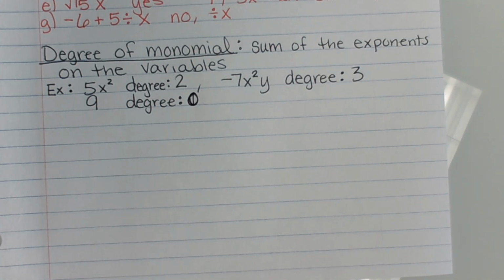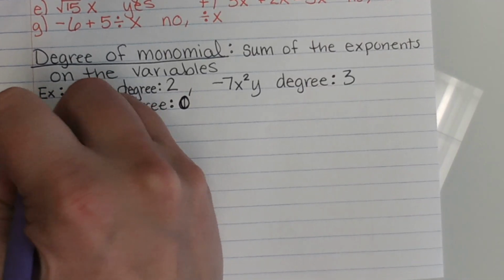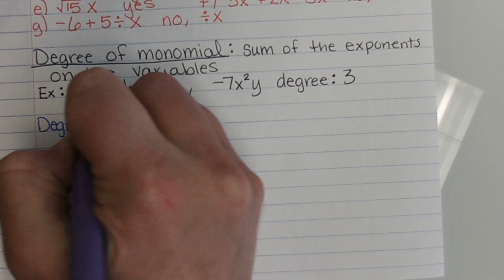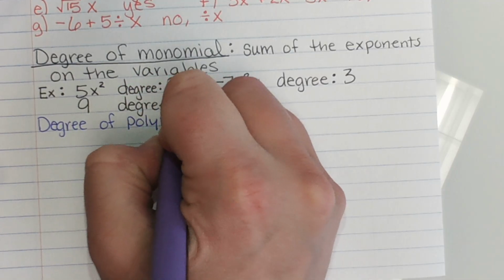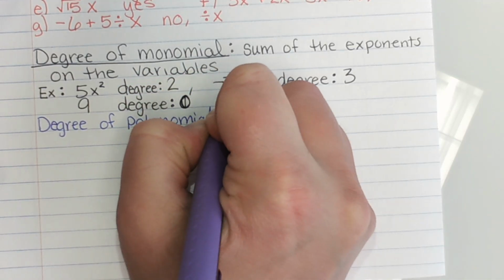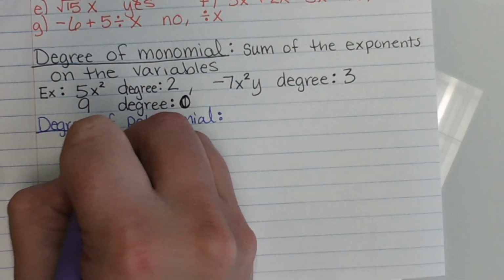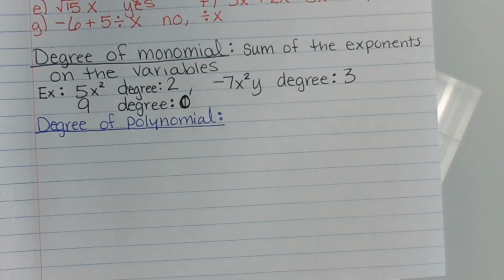Now, that's the degree if it's a single monomial. If it's a polynomial, you do not look at every single term. Or more accurately, you don't add up the exponents on every single term.